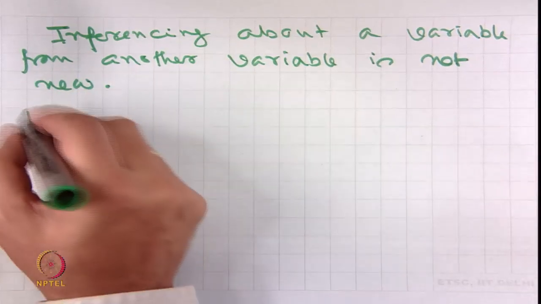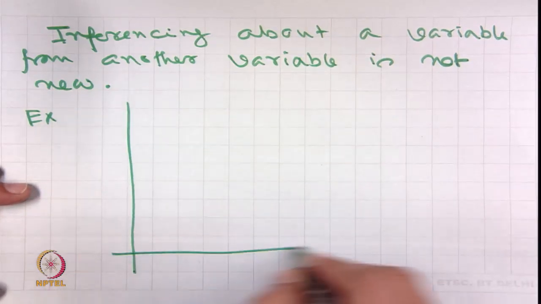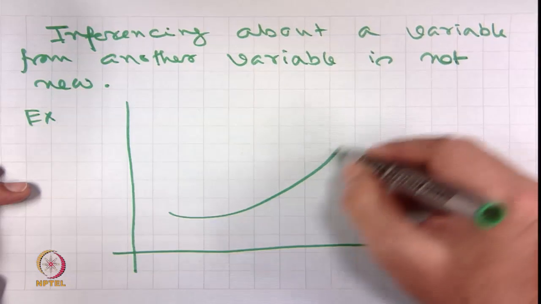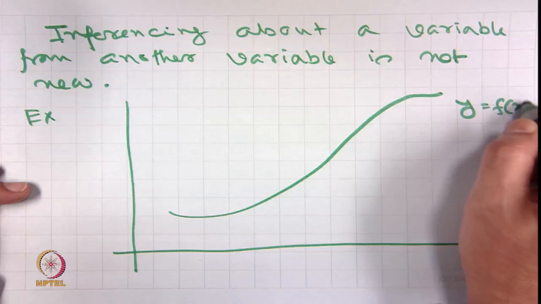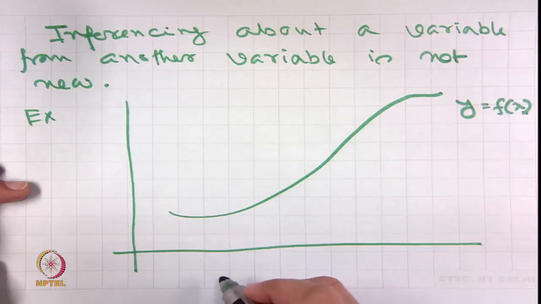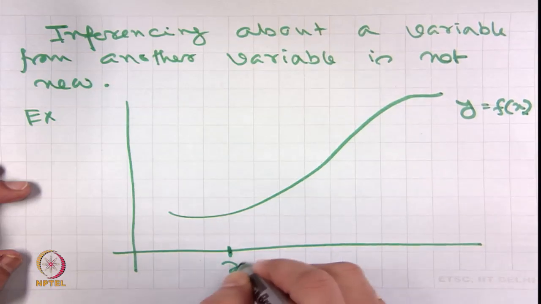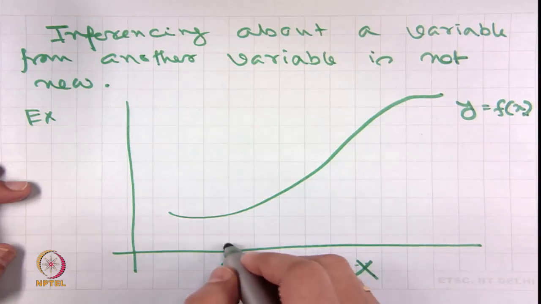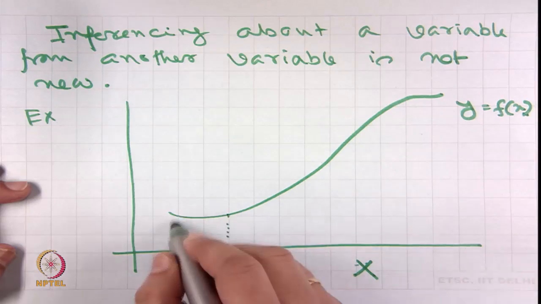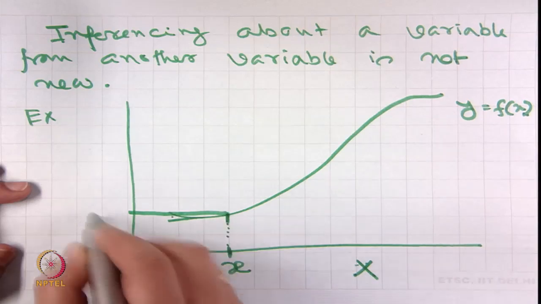For example, consider a function, say y is equal to f x. What is the advantage? If I give any value x for the variable capital X, then we know from the function what is going to be the value for y.